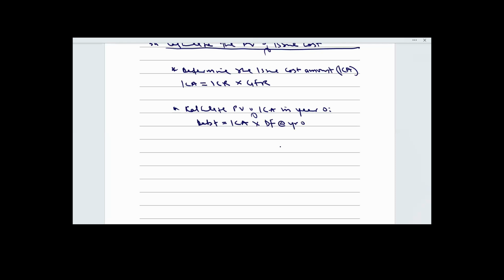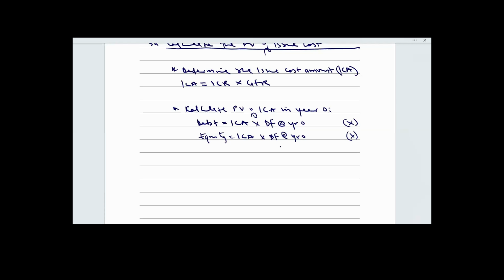That will give you the present value of the issue cost in year 0. You are given the equity as well, so the issue cost amount on equity multiplied by discount factor at year 0. Again, anything that has to do with issue cost has to be in brackets. So you keep these two on one side.